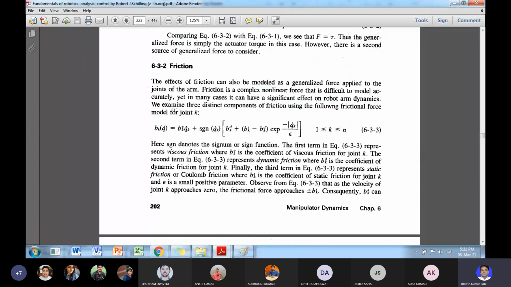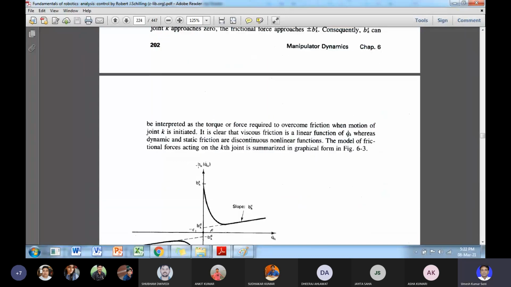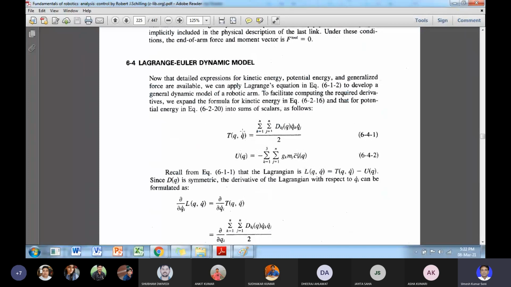Now friction is also a part which is finally added in the joints. So what we get here is the Lagrange-Euler dynamic model.